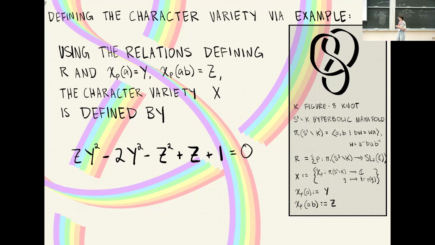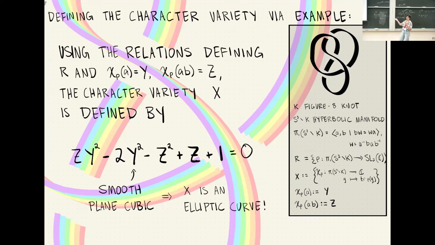And this is what I'm going to call the character variety. In this case, where we're looking at the figure 8 knot, we get just a single expression that defines the variety, and it's this nice polynomial, which is a smooth plane cubic, which means that the character variety of the figure 8 knot is an elliptic curve, which is a really pleasing result.